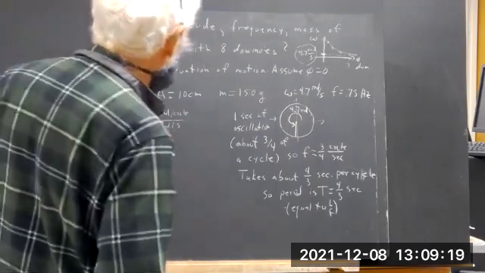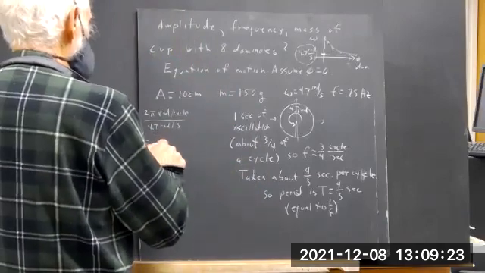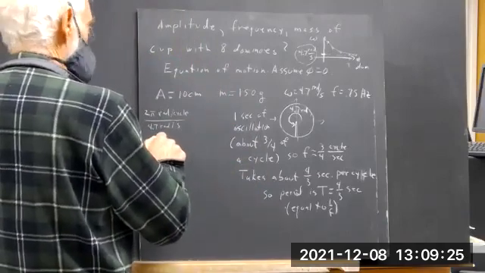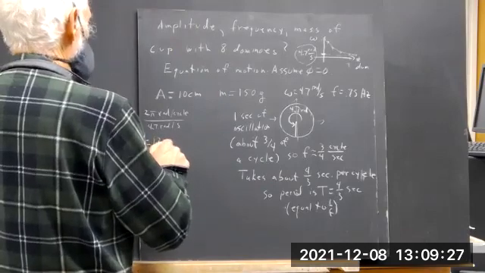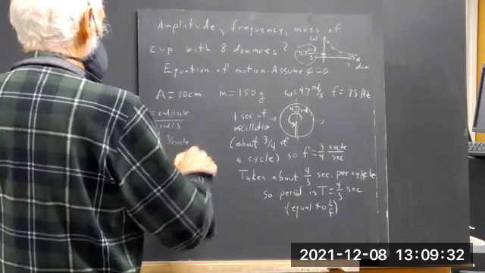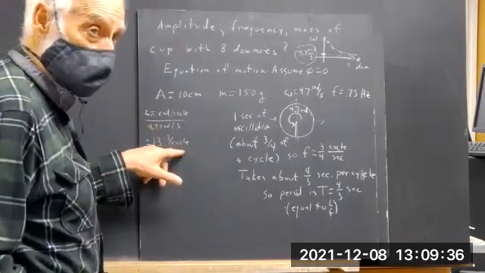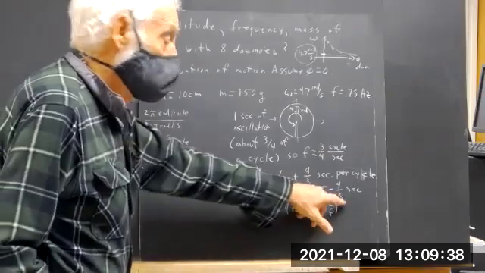Now, what does that give you? That gives you about 1.3 seconds per cycle. I think I might have said that backwards a minute ago. That's 1.3 seconds per cycle, right? So that's how long it takes.